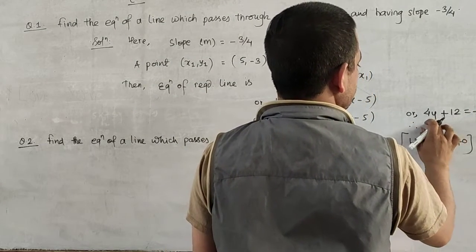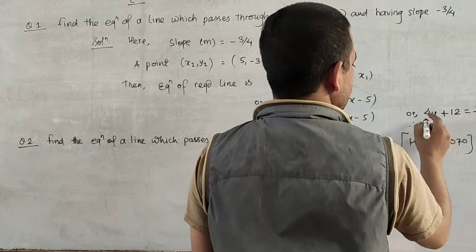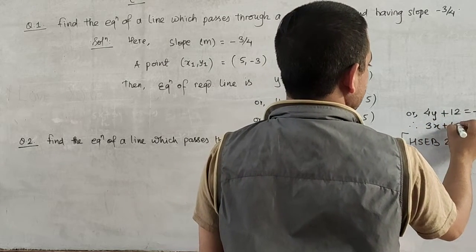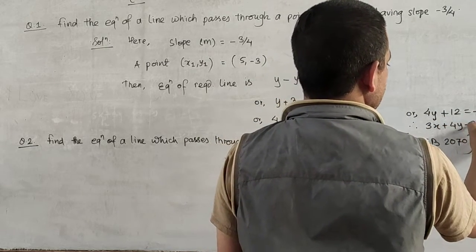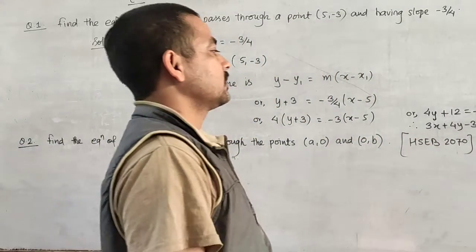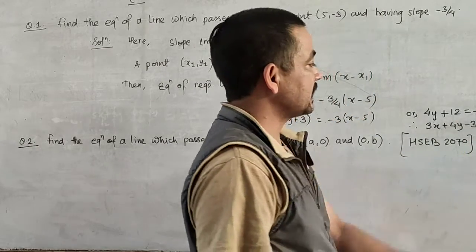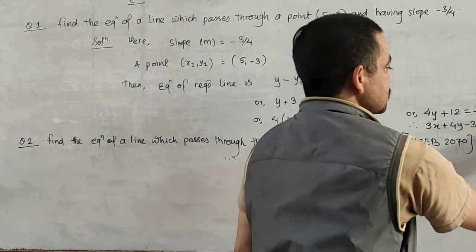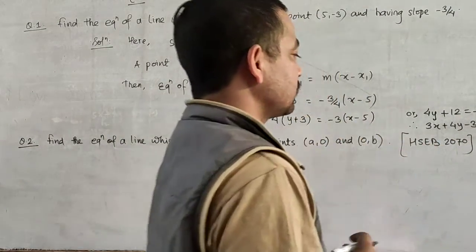Therefore 3x plus 4y, and if 15 comes to the left side to be subtracted from 12, 12 minus 15 is -3, equals 0, which is the required equation of the line.